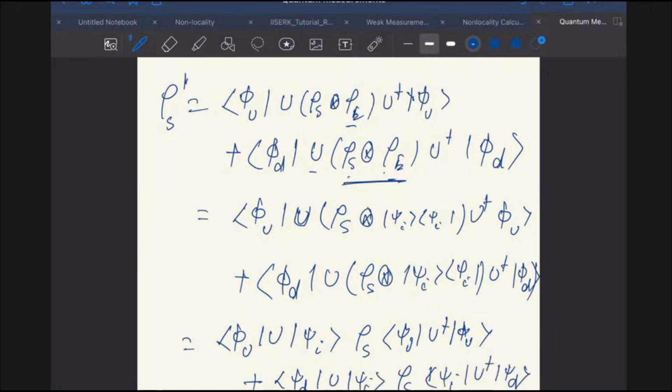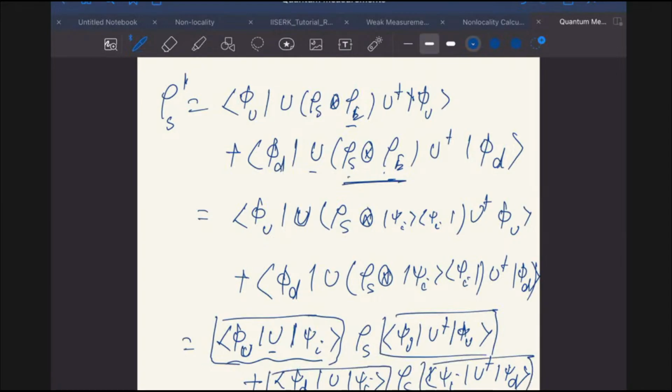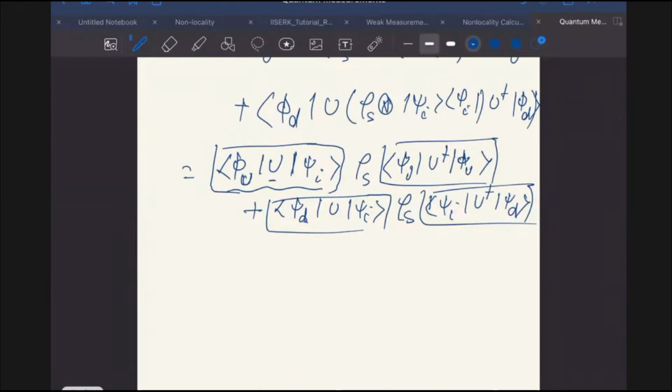So this I can write, right? This is a 2-dimensional Hilbert space, and this is 4-dimensional. So this whole thing is not a number. This is an operator. Similarly, this one also. So then I can write it as an operator: some M ρ_s M†, say M1 ρ_s M1† plus M2 ρ_s M2†. I can write this.